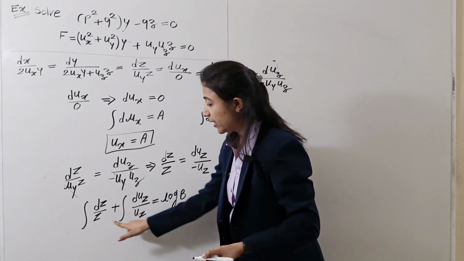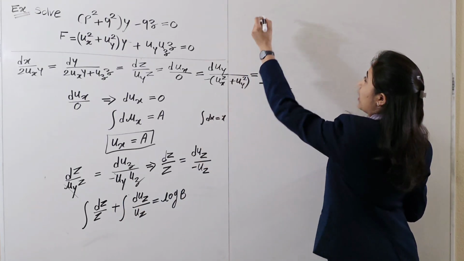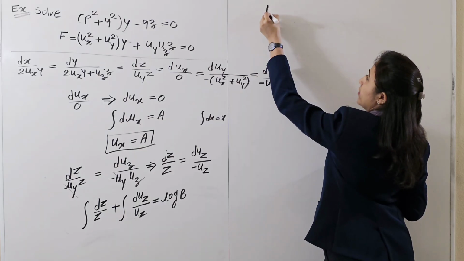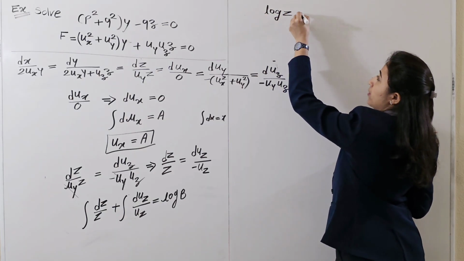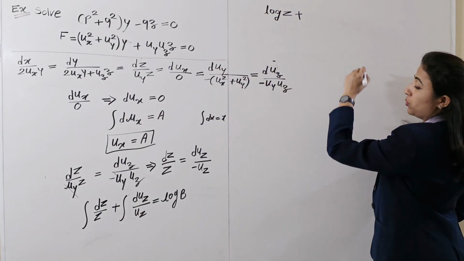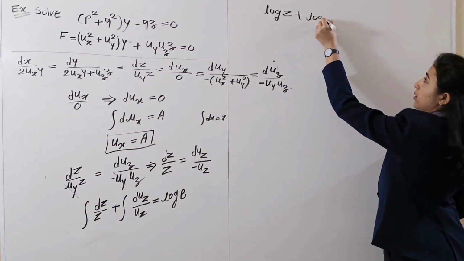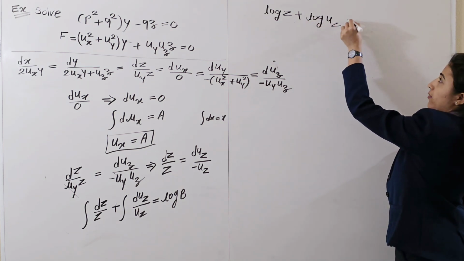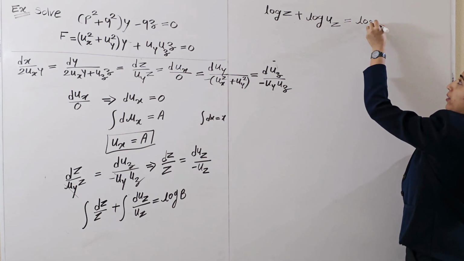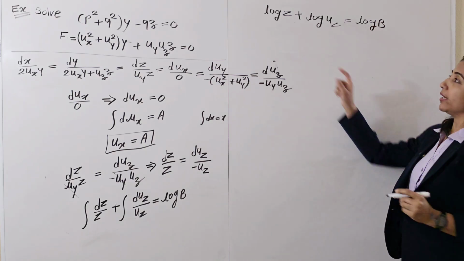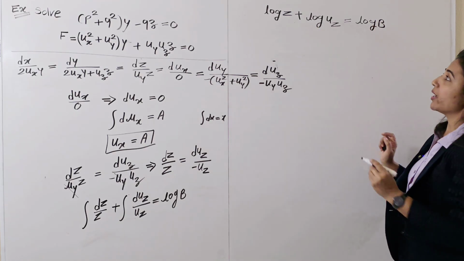So solve this integration. The integration of 1 upon z is log z, plus the integration of u_z is log u_z, equal to log b. If we use the property of log, then log a plus log b is log of a into b.